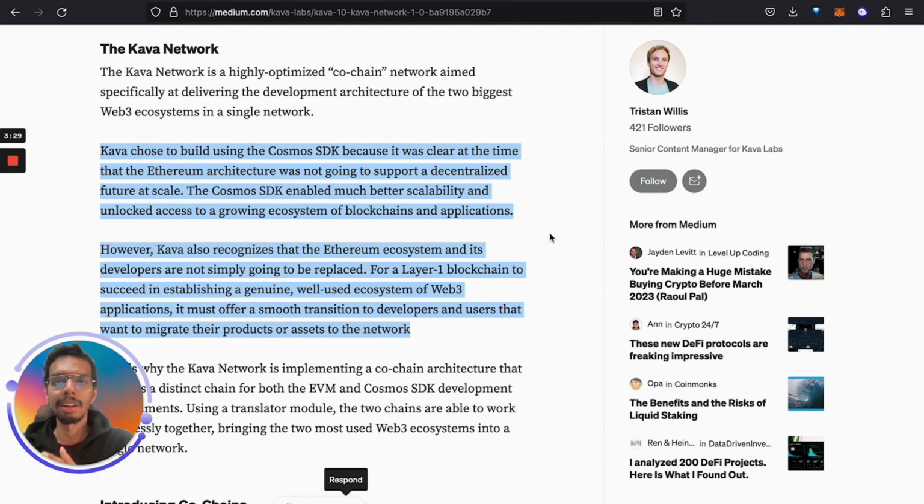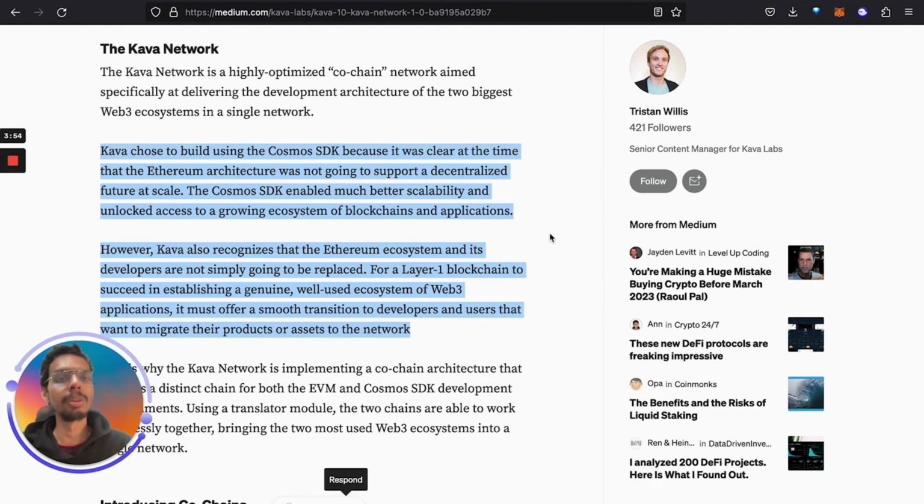In that, scalability is going to be a huge issue, and Ethereum architecture right now isn't the most optimum for that. That's what the Kava team realized, and that's why they preferred using Cosmos SDK at first, so that they can get better scalability.